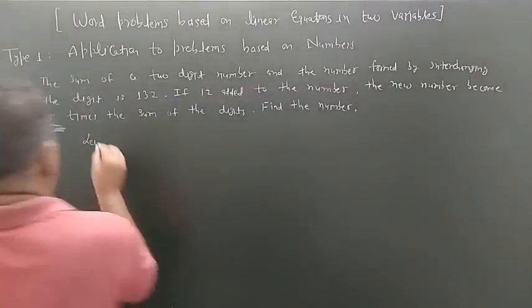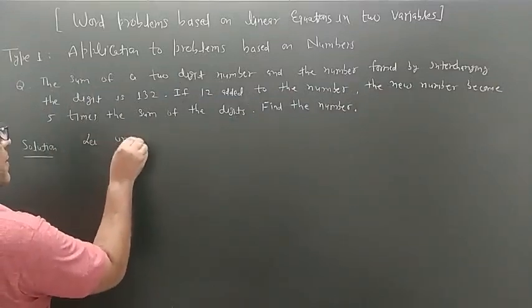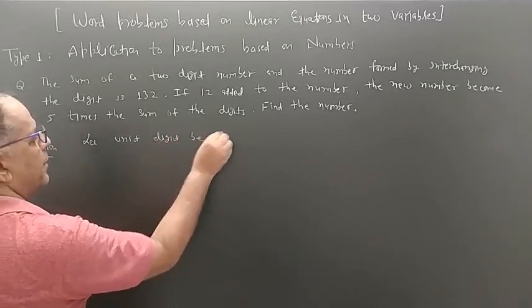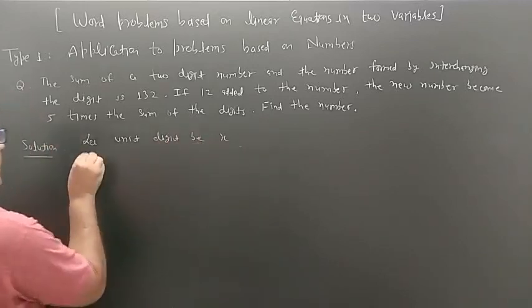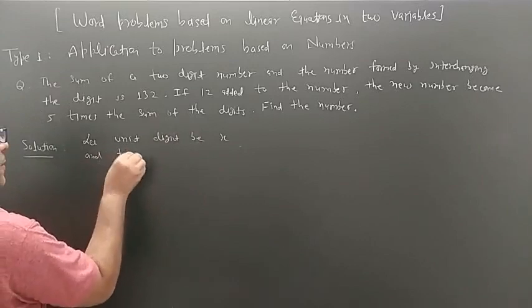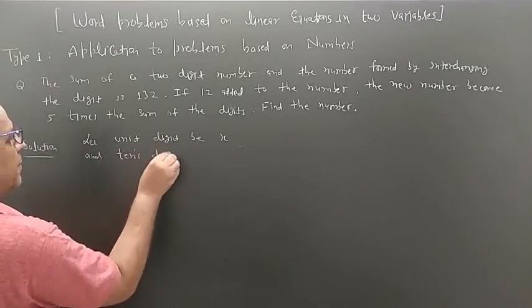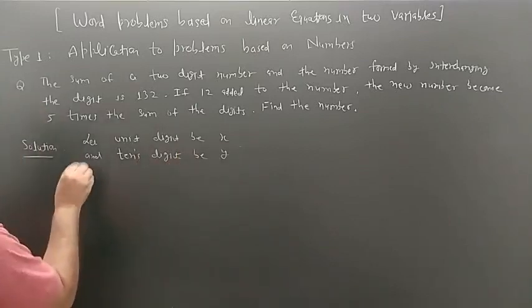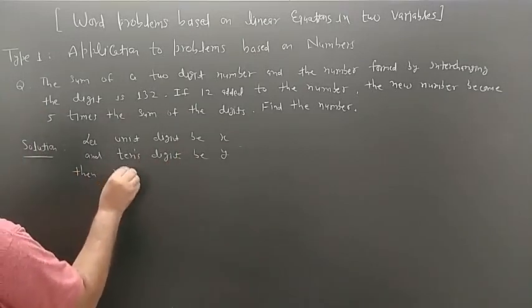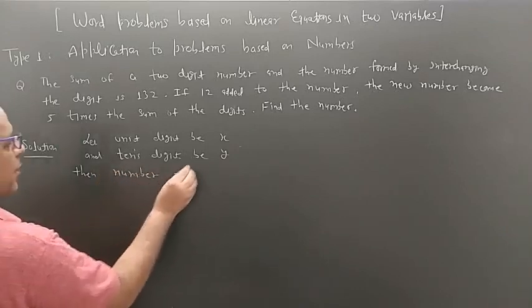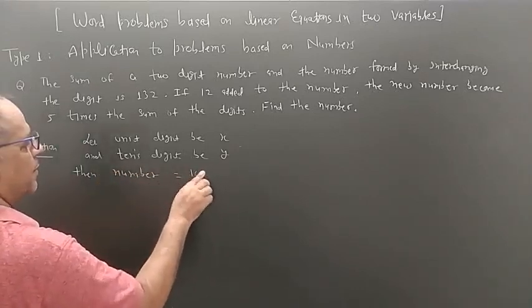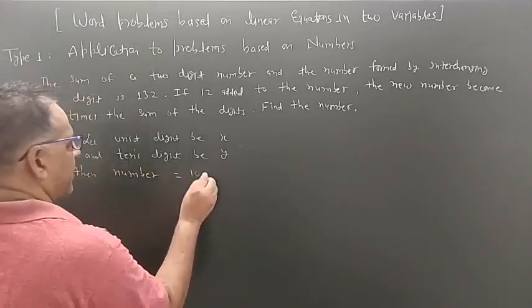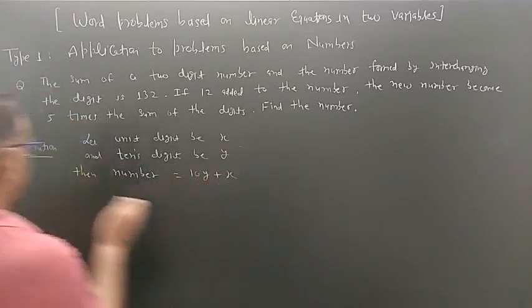Now let the unit digit be x and the tens digit be y. Then the number is 10y plus x.